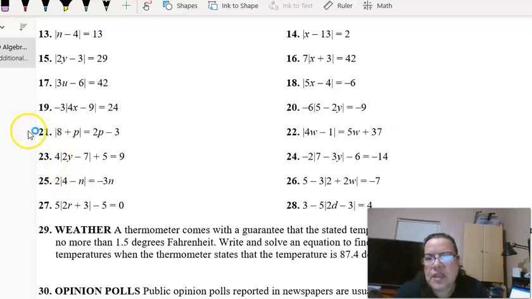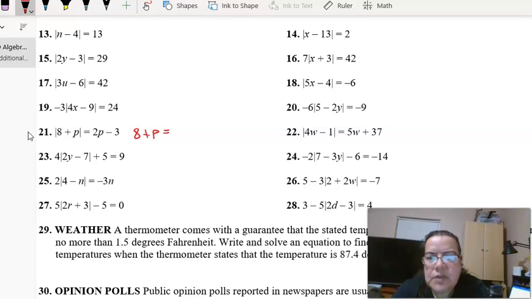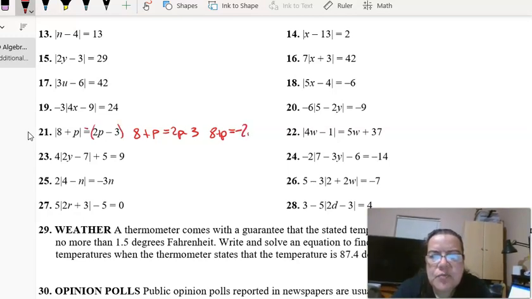So the first case is where we have to check that 8 plus p is equal to 2p minus 3. But then we also have the case where that 8 plus p can be the negative of that. So if I distribute a negative to both of these, then I end up with a -2p plus a 3. All right, so let's solve for these 2 cases right here.